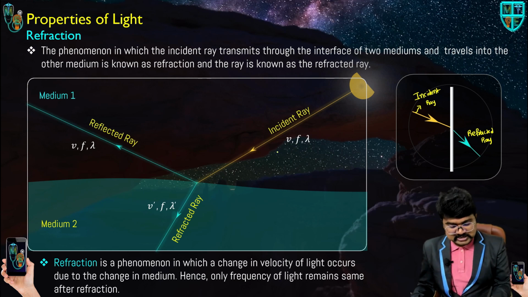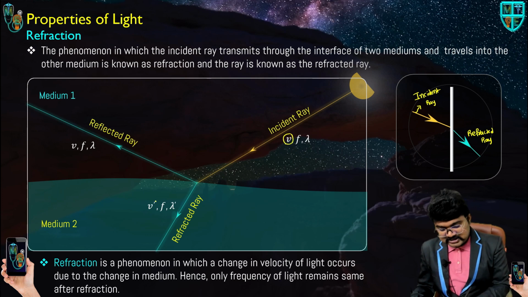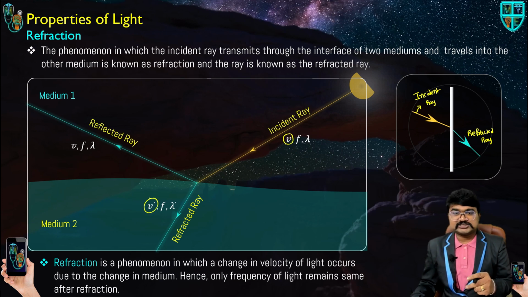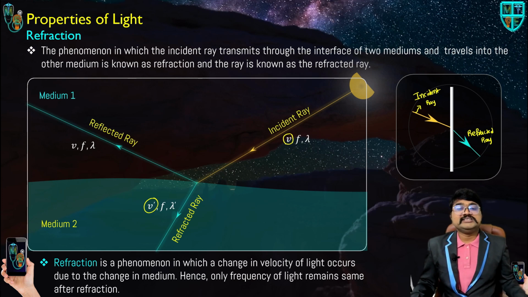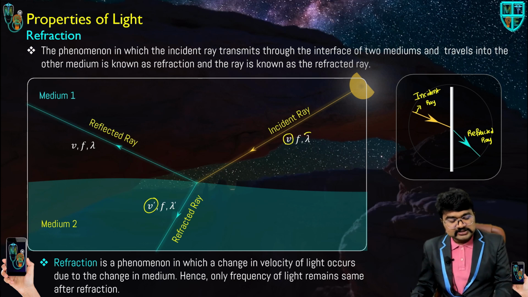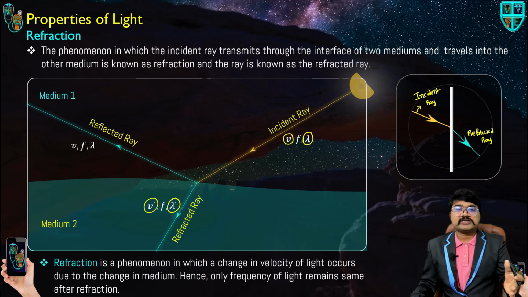Here this is the velocity, here v dash. The velocity of the refracted ray is not the same as the velocity of the incident ray. The wavelength of the refracted ray is not the same as the wavelength of the incident ray.